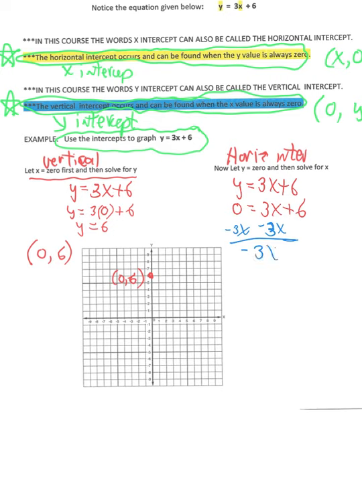So I get negative 3x equals 6, divided by 3, x equals negative 2. So therefore, that point is another intercept at negative 2 for the x, comma 0 for the y. That would be over here. I'm plotting it on the grid now, and you'll connect the dots with your tool, and you've got that picture.